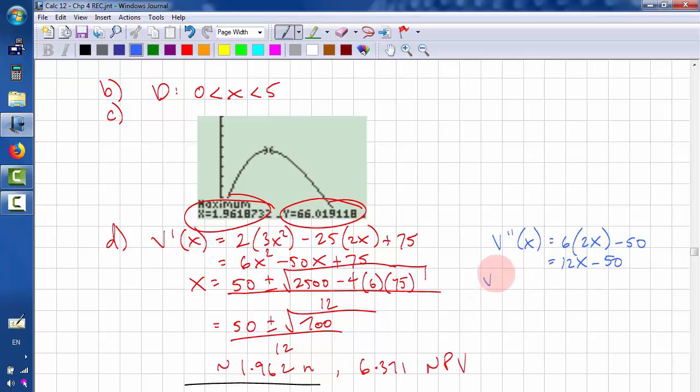Now we need to substitute our value, 1.962. 12 times 1.962 minus 50. This is less than 0 because 12 times 2 is 24. Minus 50 is going to be less than 0. So 1.962 is a max.